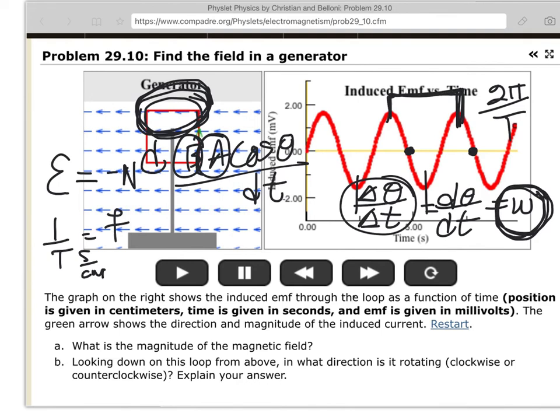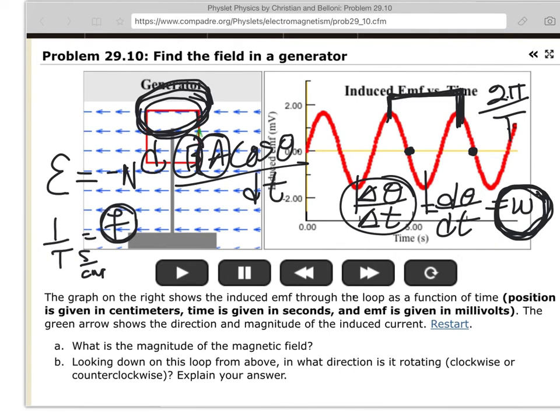How many radians it goes in 1 second as opposed to how many cycles it goes in 1 second. So they are related by 2 pi, and it's easy to get them confused. And once we know the period, we can get the frequency by taking 1 over the period, or we can get the angular frequency or the rotational rate of the coil by taking 2 pi and dividing by the period.